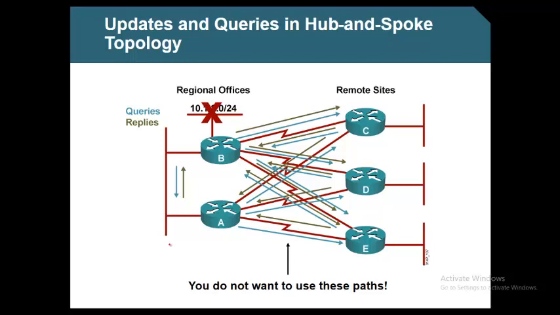How to control? Very simple. Whenever you have a hub and spoke topology, you need to go to all the spokes. These are all spoke routers. You need to go to all the spoke routers and tell them what you are capable of, so that B will query only what you are capable of.